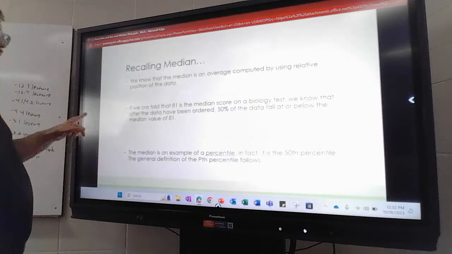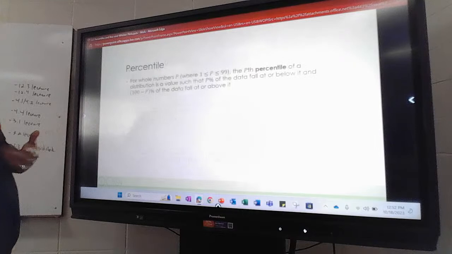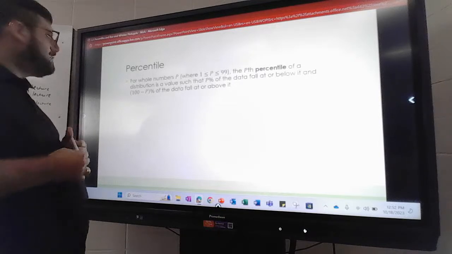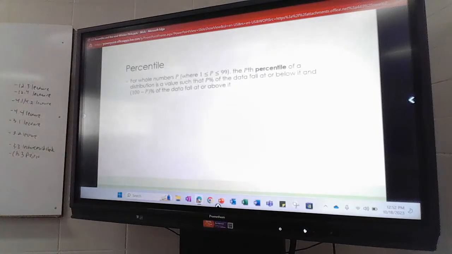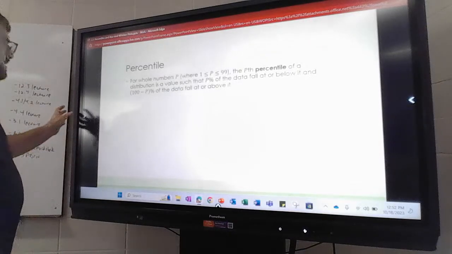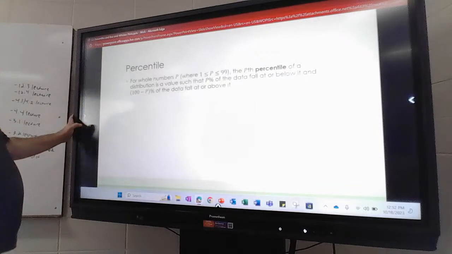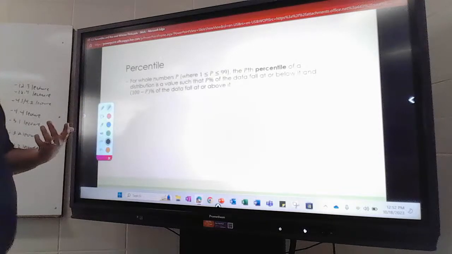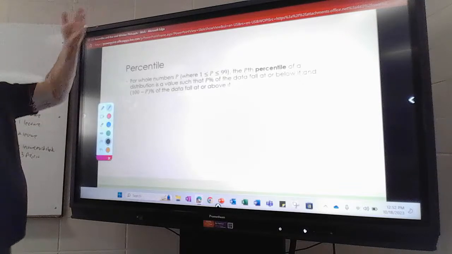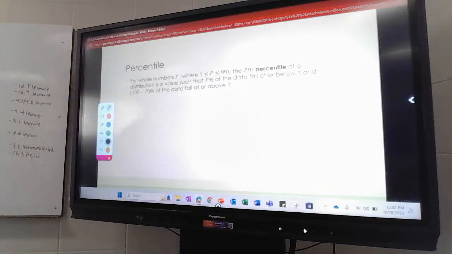So before we go any further, let's talk about what a percentile is. For whole numbers p, where p is between 1 and 99, the pth percentile of a distribution is a value such that p% of the data falls at or below it, and 100 minus p% of the data falls at or above it. Now, I don't want us to get confused between a top something percent or a something percentile.